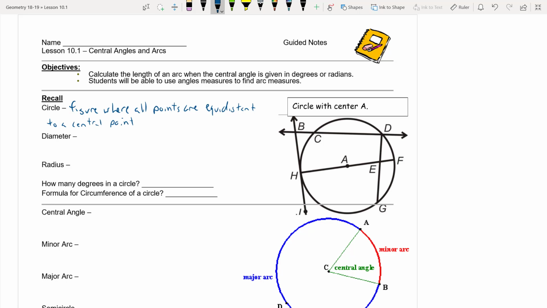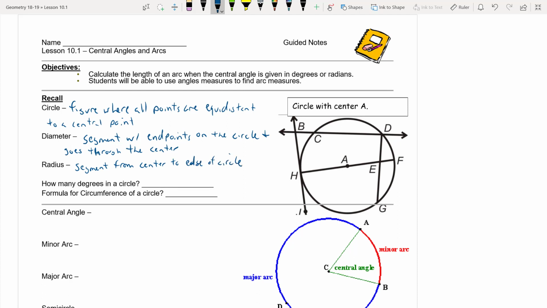The first is the diameter, a segment with endpoints on the circle that goes through the center. And then a radius is a segment from the center to the edge of the circle. And we do know that the radius is half of the diameter.